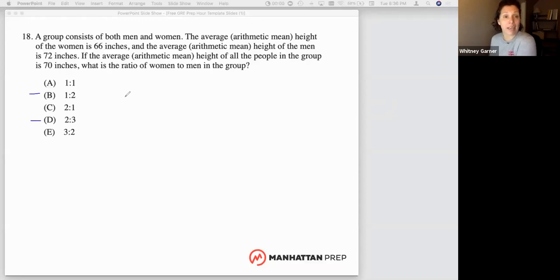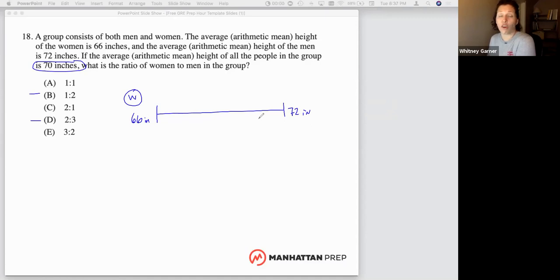The average height of women in this sample was 66 inches, and the average height of men in this sample was 72 inches. The overall average was 70 inches.